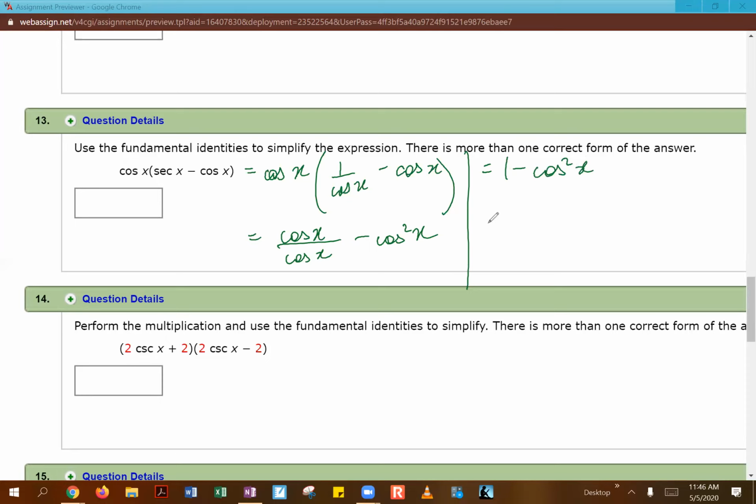And that comes from the Pythagorean identity, so this will become sine squared x. Very good. I did it. Alrighty, good job.